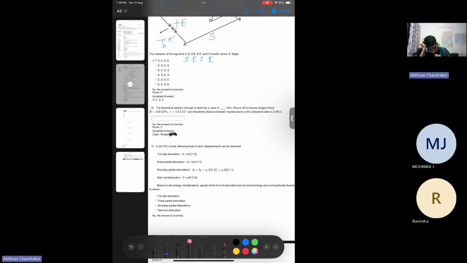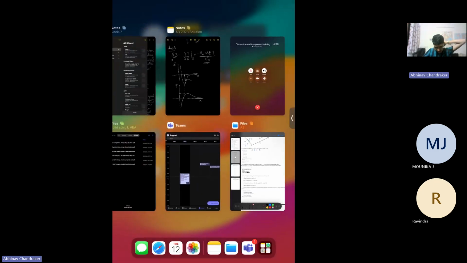We are given E, elastic modulus, mu, surface energy, and the interatomic distance between the atoms in unstrained state. That is the atomic spacing, 2.5 angstroms. So, sir has already derived this.